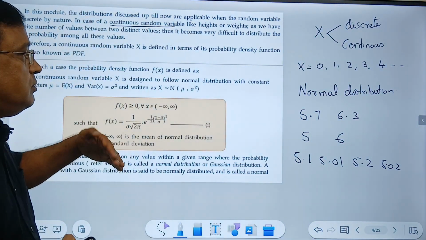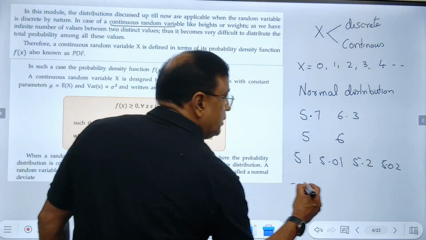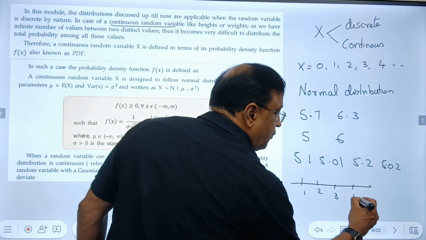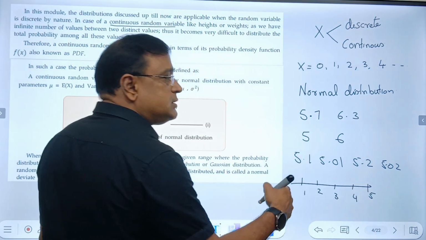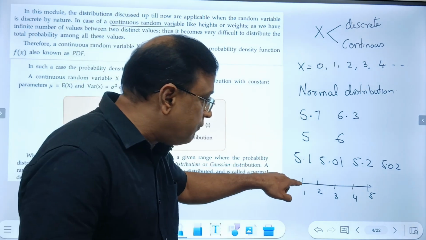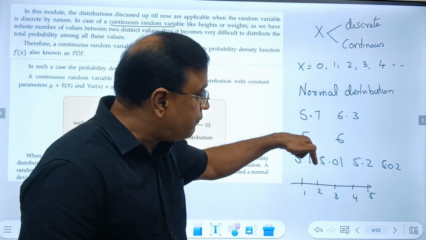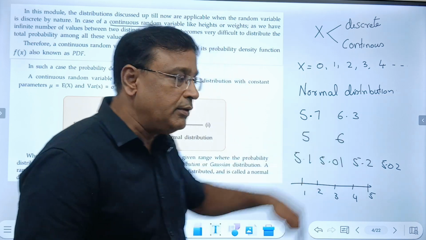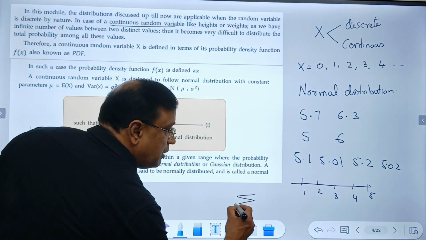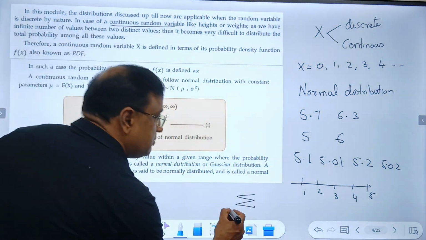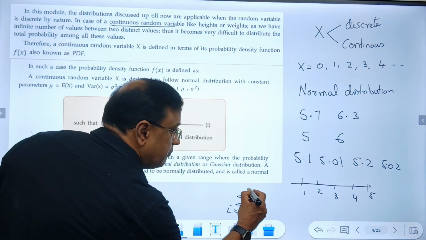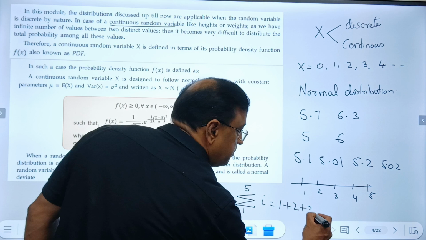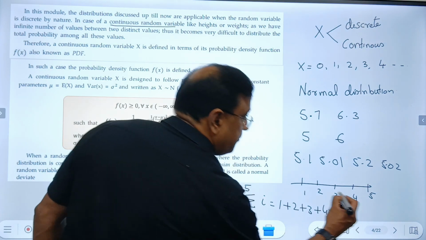If you have 1, 2, 3, 4, 5, this is discrete, because after 1 I jump to 2, after 2 I jump to 3, after 3 I jump to 4, after 4 I jump to 5. In this situation I can use sigma, where I can write sigma i equal to 1 to 5, which means 1 plus 2 plus 3 plus 4 plus 5.